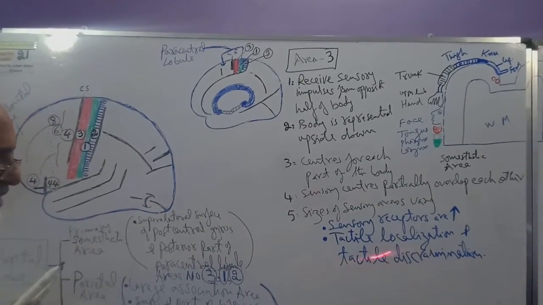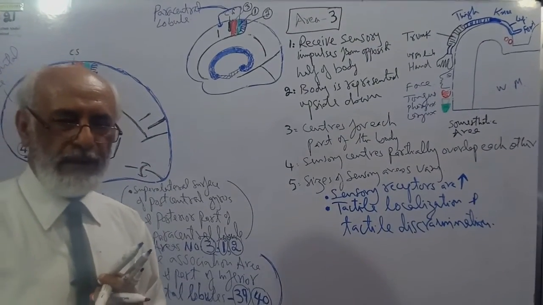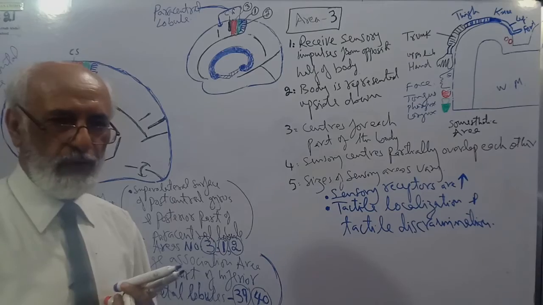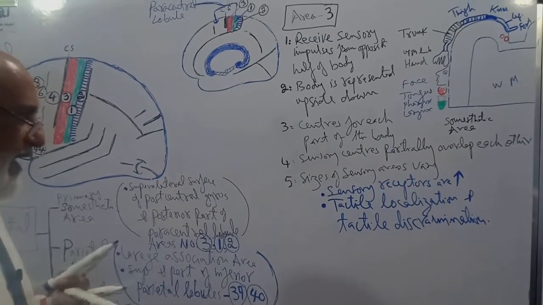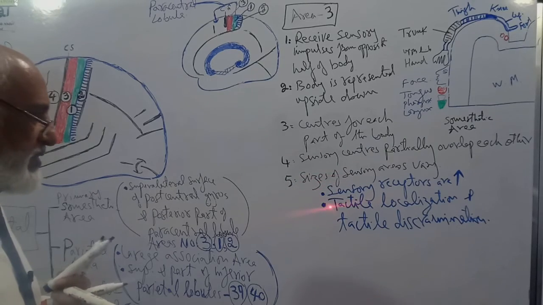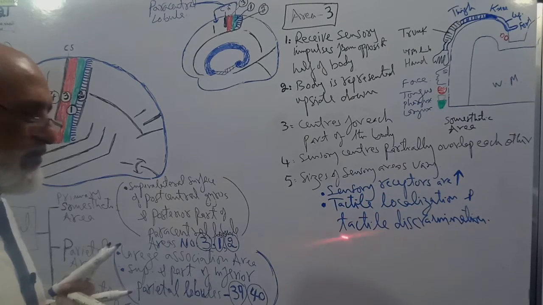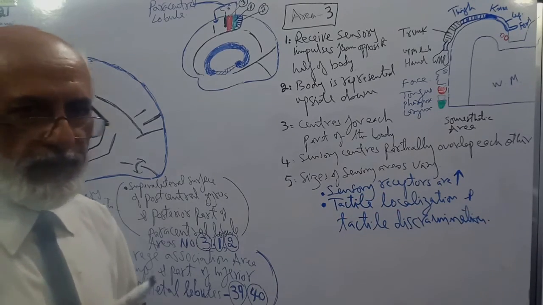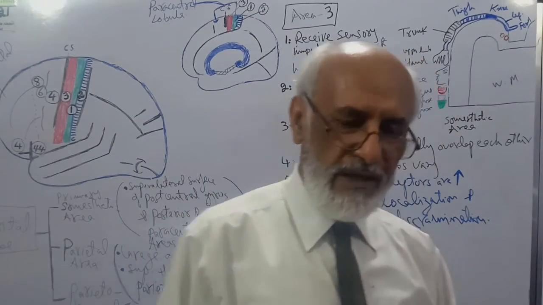It again does not depend upon the sizes of the body, but upon the areas which are more sensitive. There will be more sensory receptors in that area. And second, the ability to recognize tactile localization and tactile discrimination very easily. What is tactile localization and what is tactile discrimination?